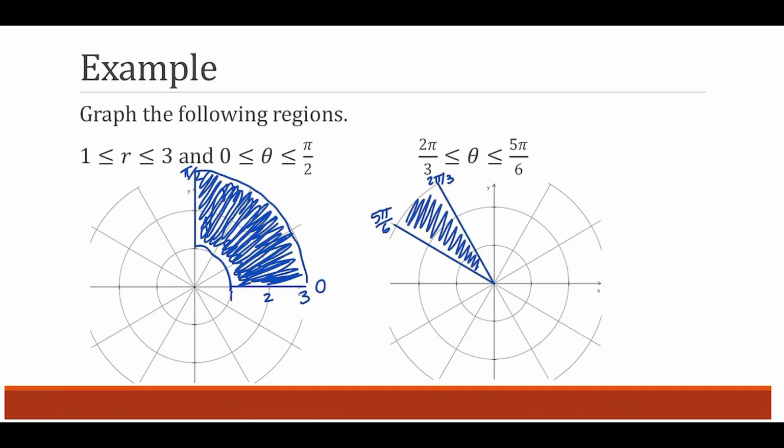So this portion right here would be part of the region I'm talking about, but because there's no restriction on R at all here, remember that our R's, our directed distances, could also take us directly away from these values in here. So that means that the little pizza slice on the opposite side in quadrant 4 would also be part of this region.